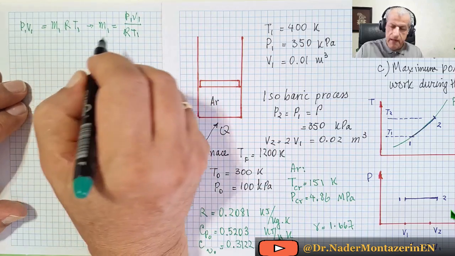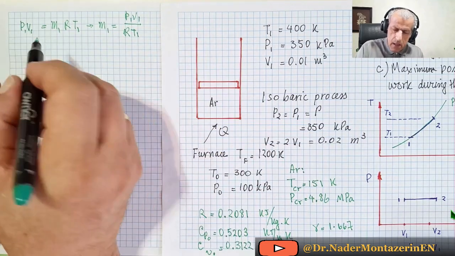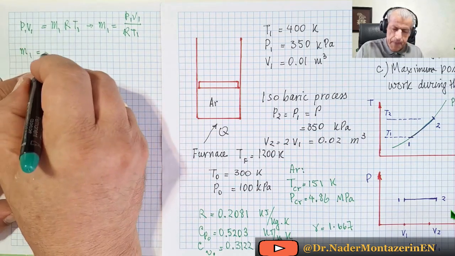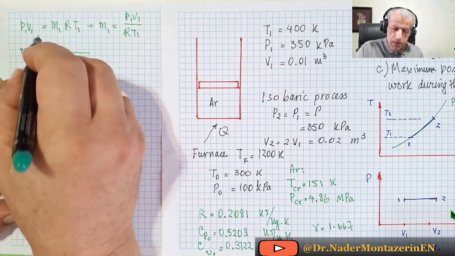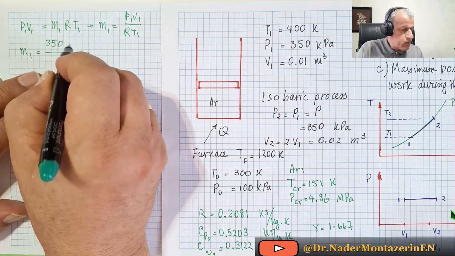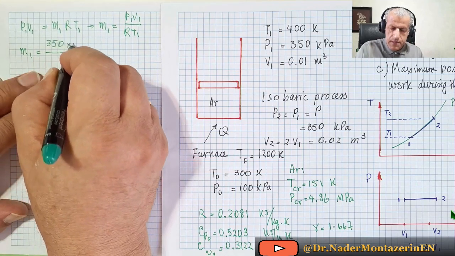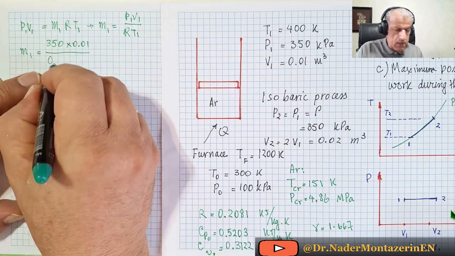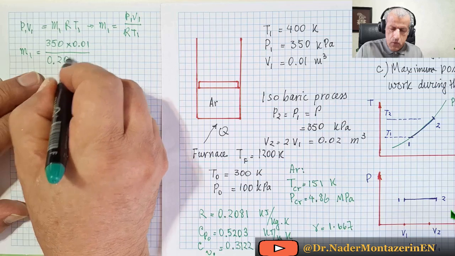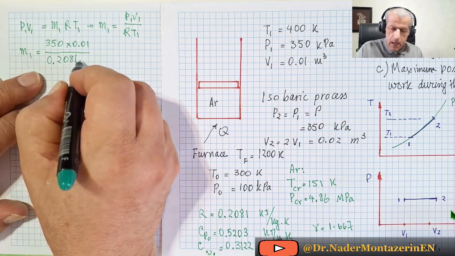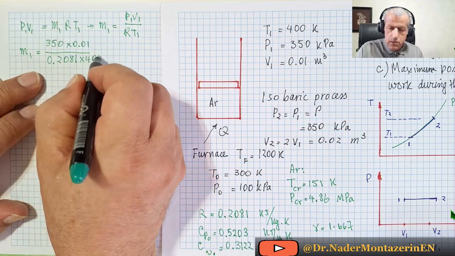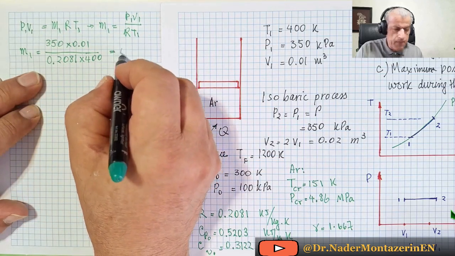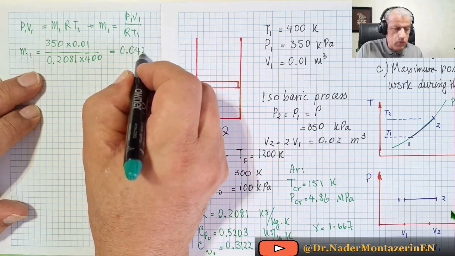We have all the values on the right hand side. Therefore, M1 equals 350 times 0.01 divided by 0.2081 times 400. And the outcome for mass is 0.042 kilogram.